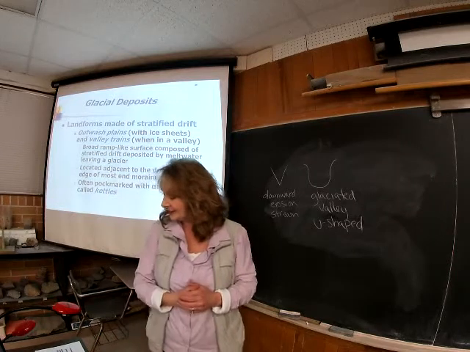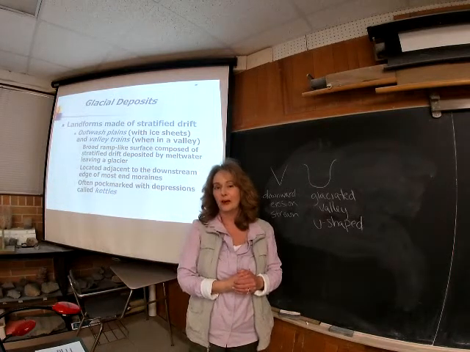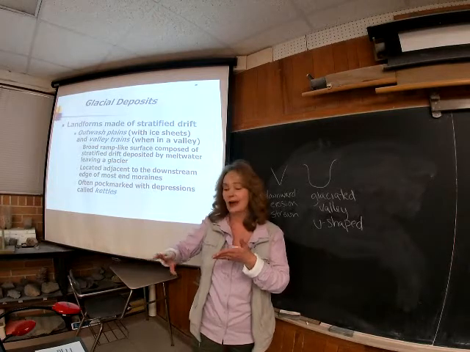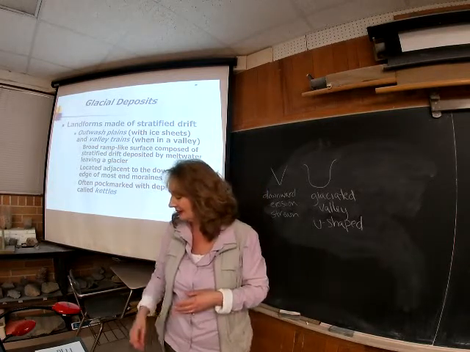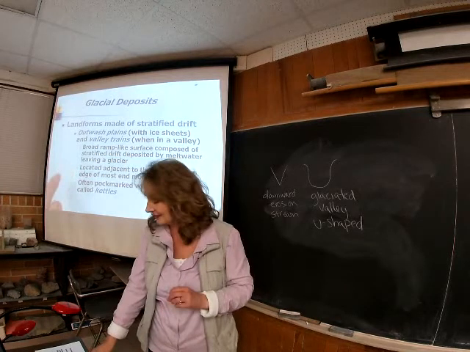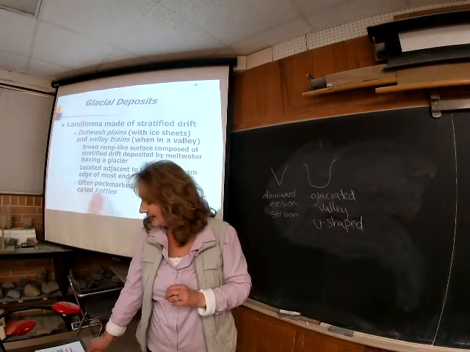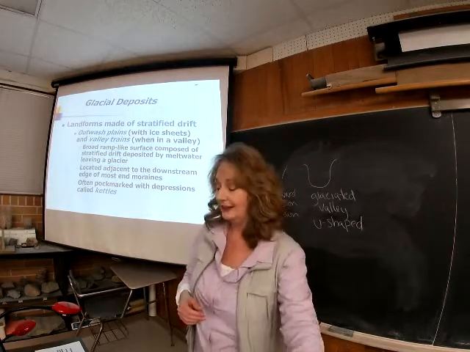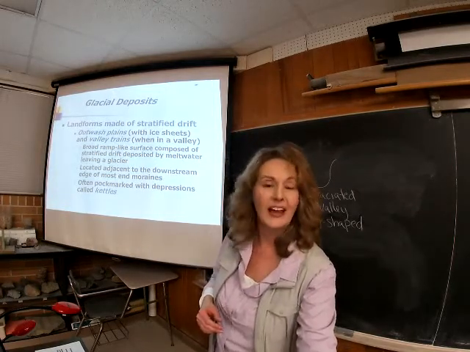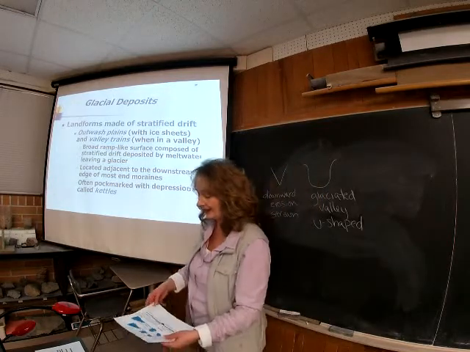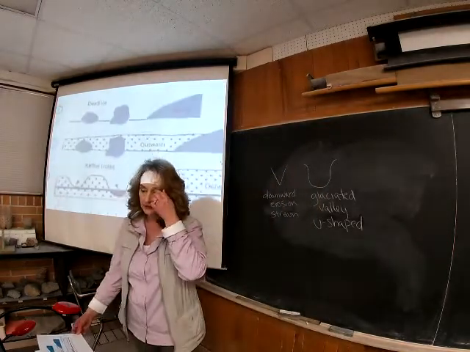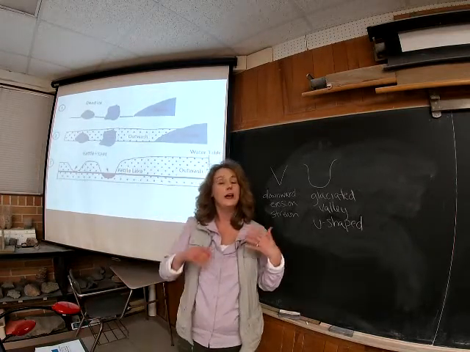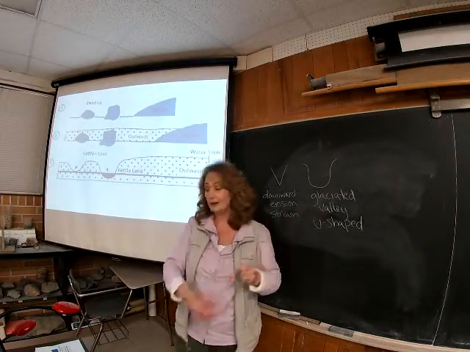Located adjacent to the downstream edge of most end moraines. So you saw that ridge of the end moraine, and then that outwash plain was after the farthest advance of the glacier. And often pockmarked with the kettles, those little kettle lakes. And I've got a little diagram of how that kettle lake gets formed. So your glacier's coming along, and then it begins to retreat a little bit, right?